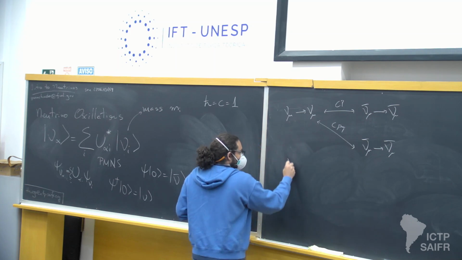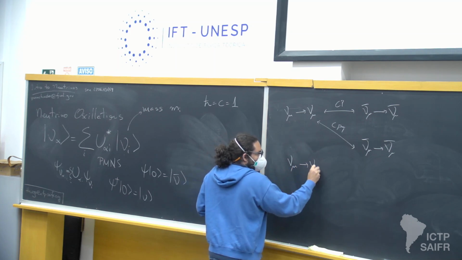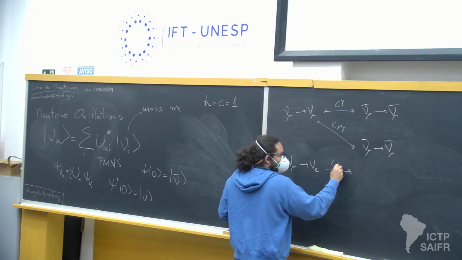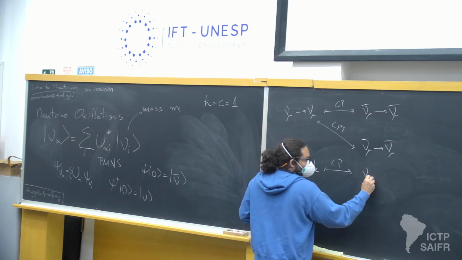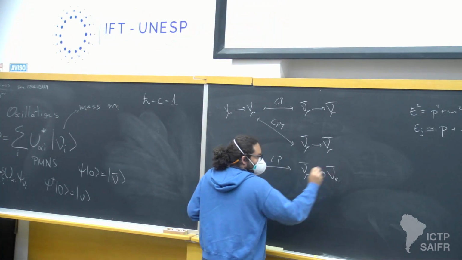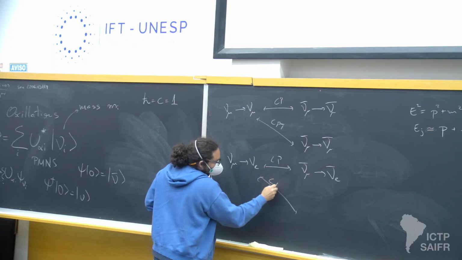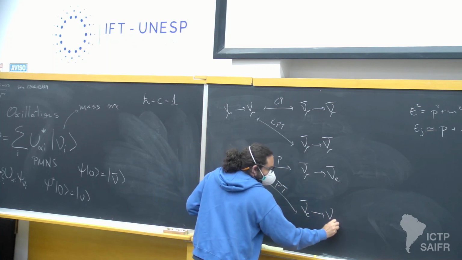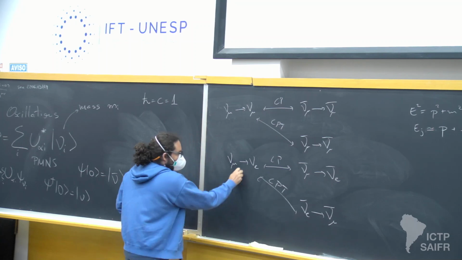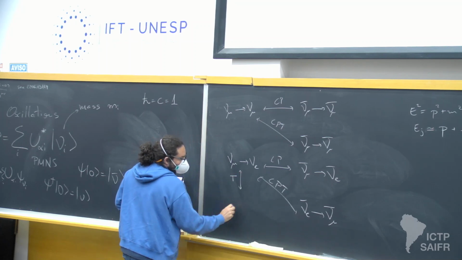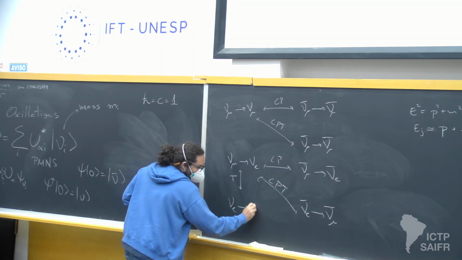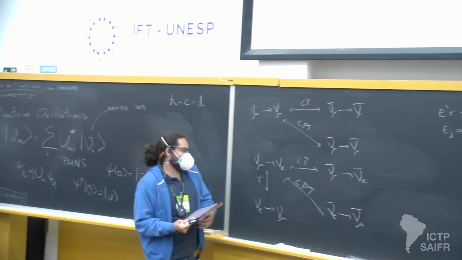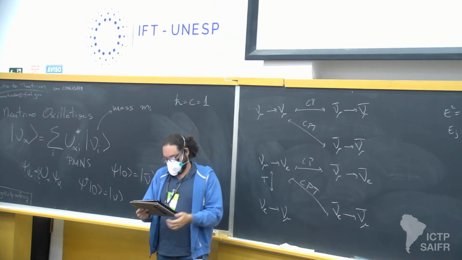Now, if you take this, you can CP to the bars. You can CPT to the bars, flipping the initial and final state. And you could even T to this. And, well, you can CP to that, whatever.